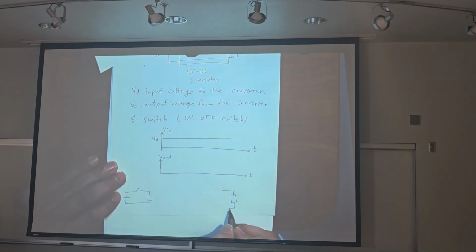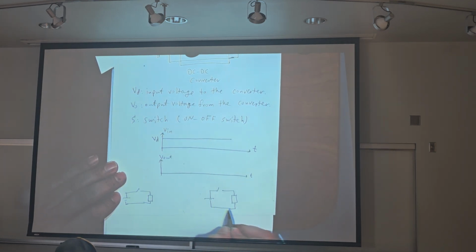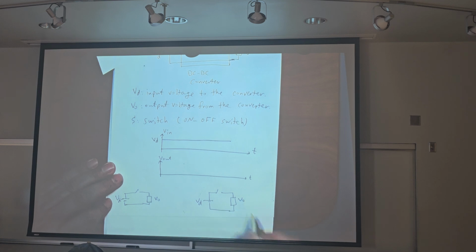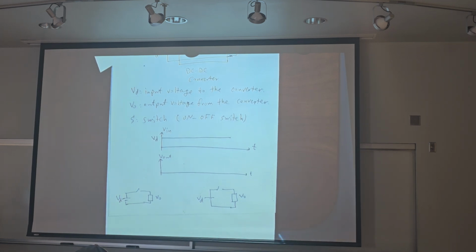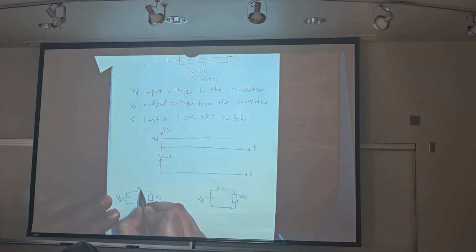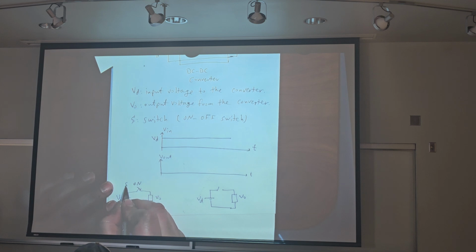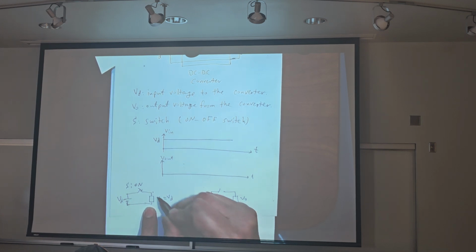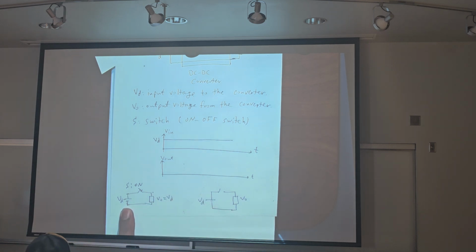You have two cases. This V D, V out. If the switch S is on, it is a short circuit, which means V out equals V D. Why?